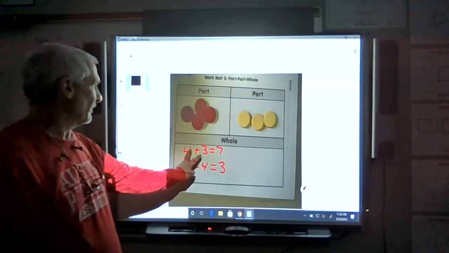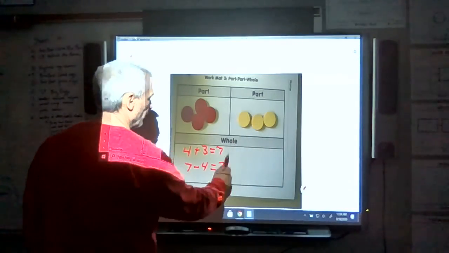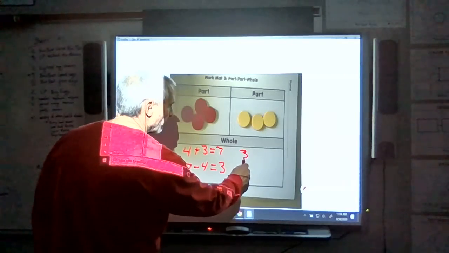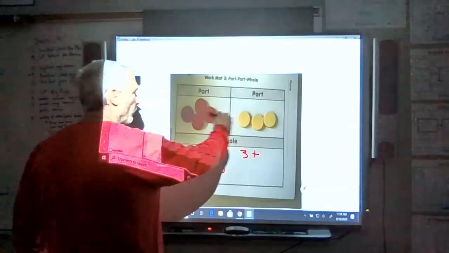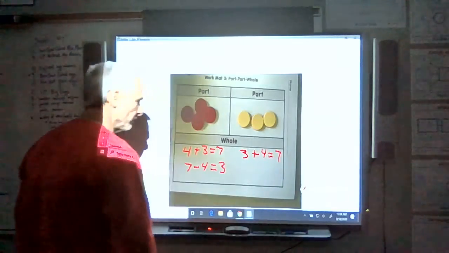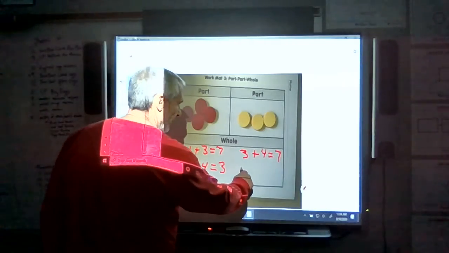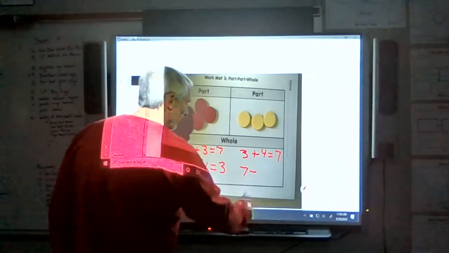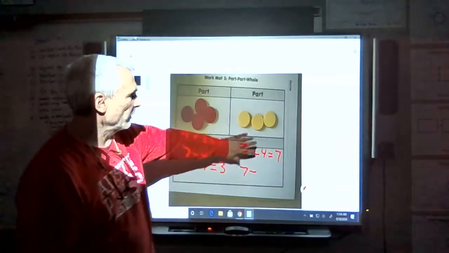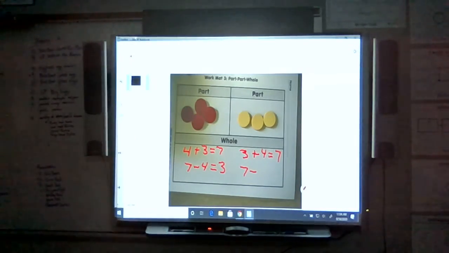Now we can flip these numbers also and make 2 more. So if we started with the yellow first, 3, and we added the 4 this way, we still would have 7. And then if we move all 7 to the bottom and start with 7, and this time we'll just move up the yellow. All right, I'll show you what that looks like.